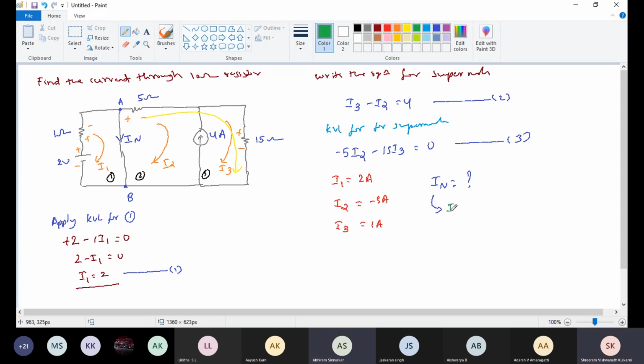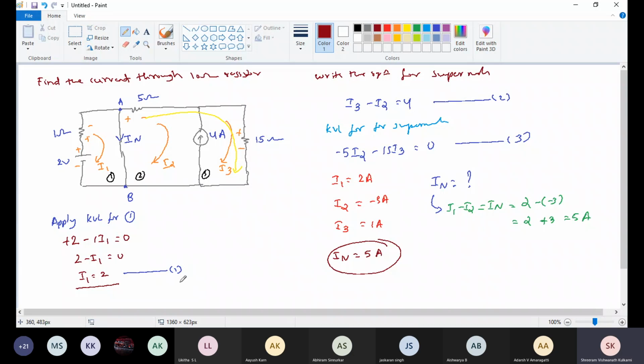Yes, so I1 minus I2 equals IN. I1 is 2, I2 is minus 3, that is 2 plus 3, 5 ampere. You got IN equals 5 ampere.